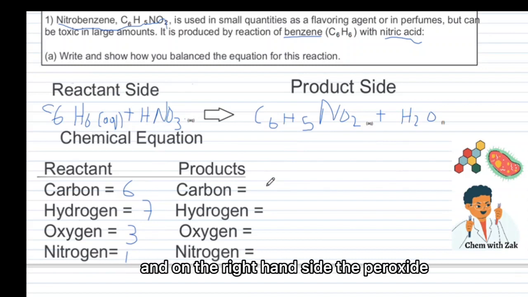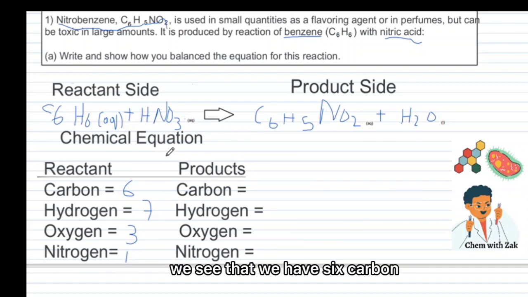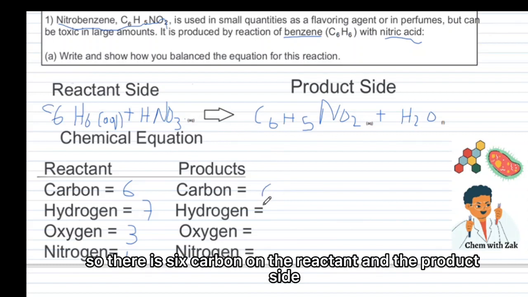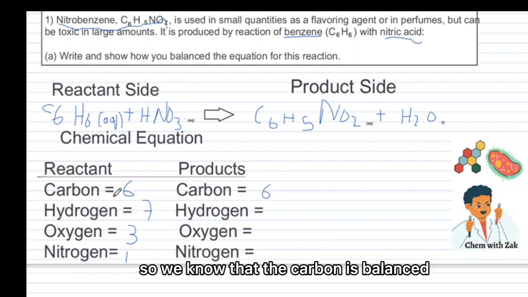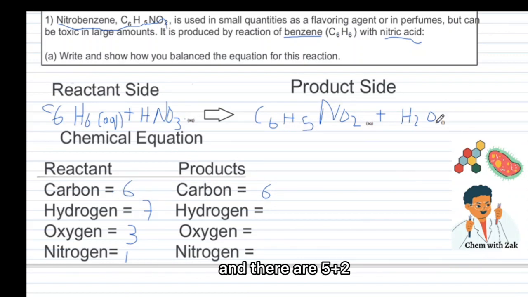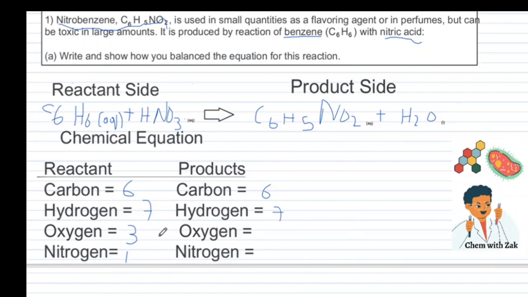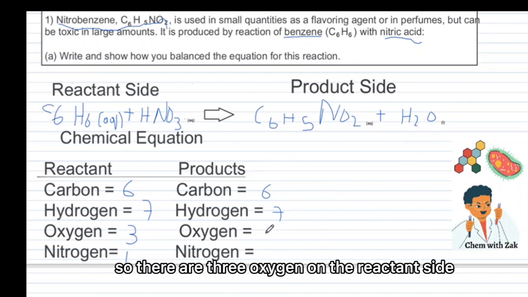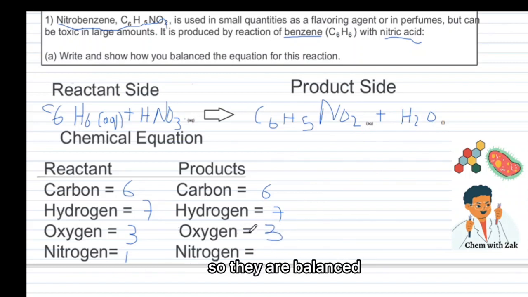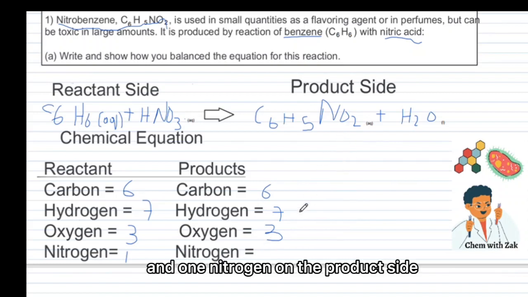On the product side, we have 6 carbon, so the carbon is balanced. There are 5 plus 2, which is 7 hydrogen again. There are 2 plus 1, which is 3 oxygen on the product side, so they are balanced. And 1 nitrogen on the product side.